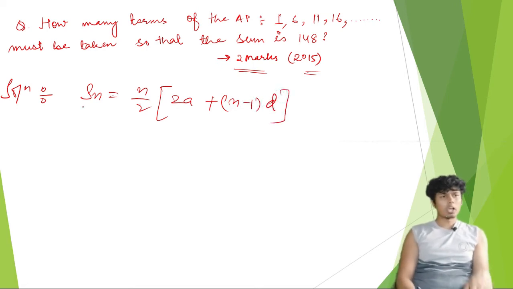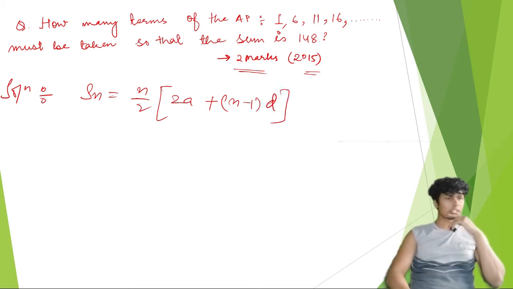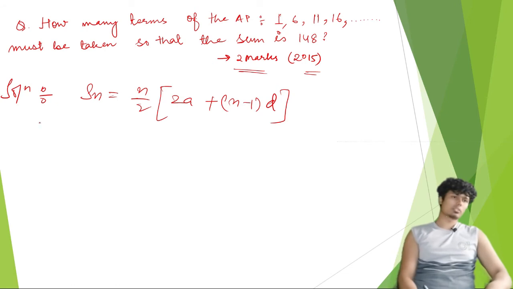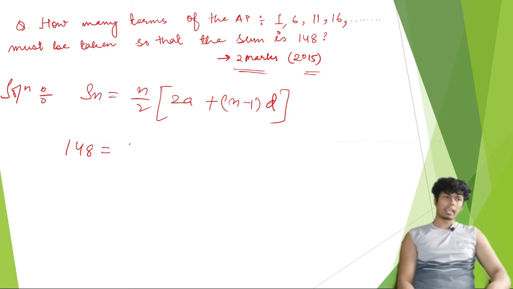Now, how many terms of the AP 1, 6, 11, 16 must be taken so that the sum is 148? We know the sum value is 148. We need to find the value of n.